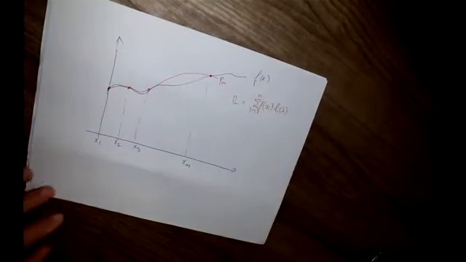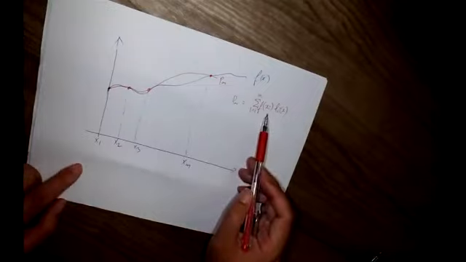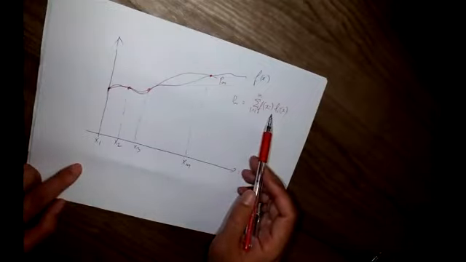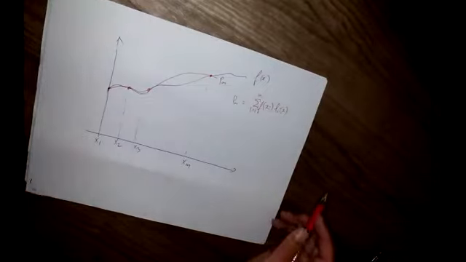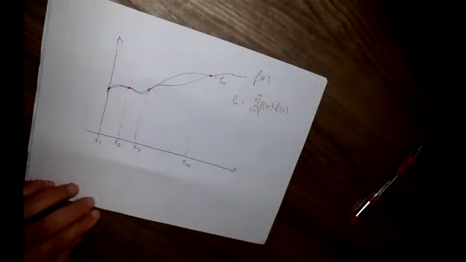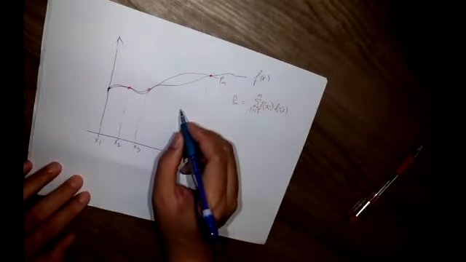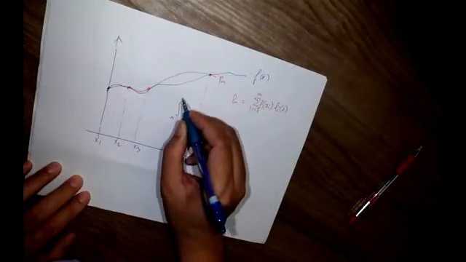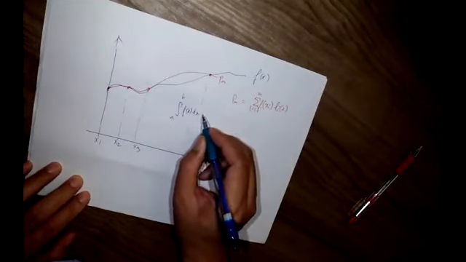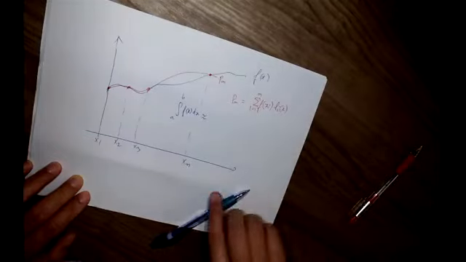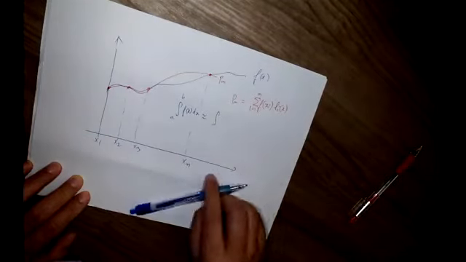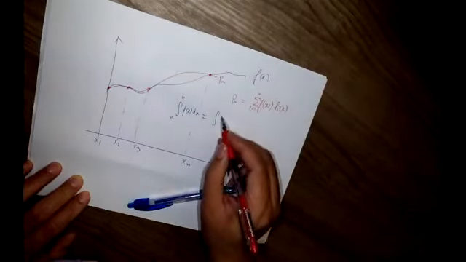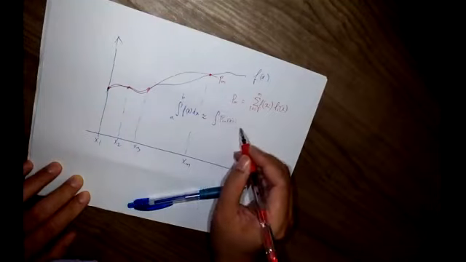It will go through those points (xi, f(xi)), so it interpolates. So now your integral of f(x) from a to b will be approximated by the integral of Pm(x). Okay.